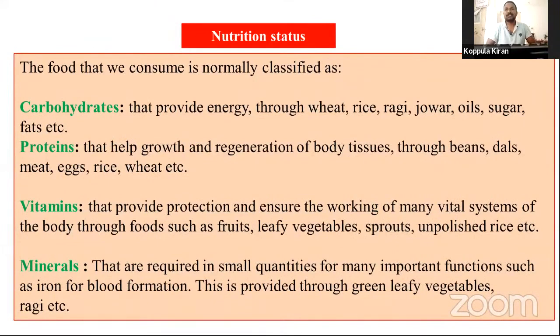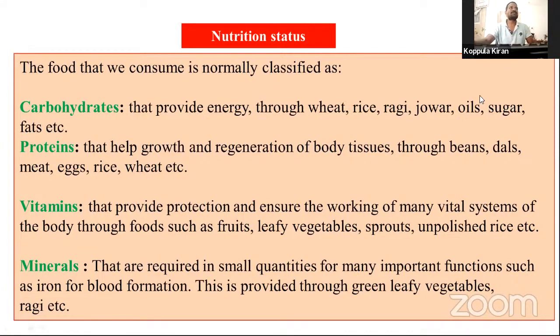Already we have discussed what nutritional food is taken by adults and children. That is the nutrition status: is it enough food or not?